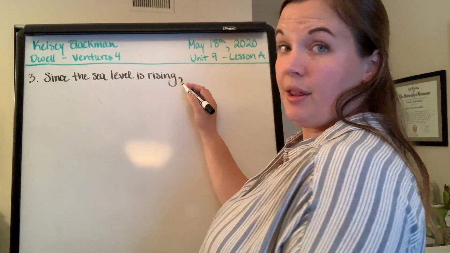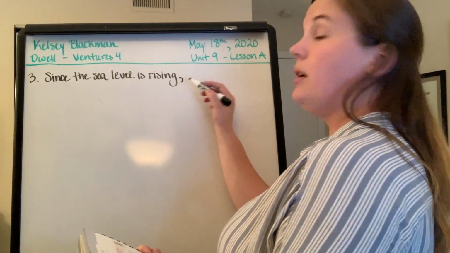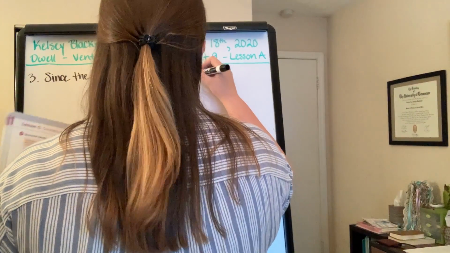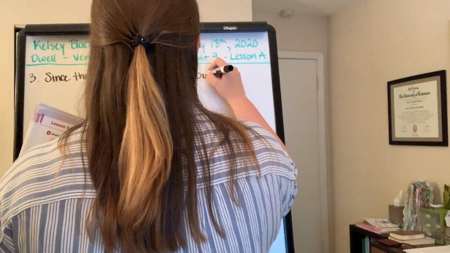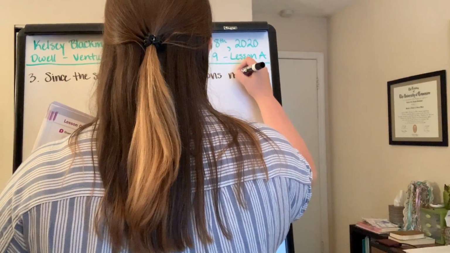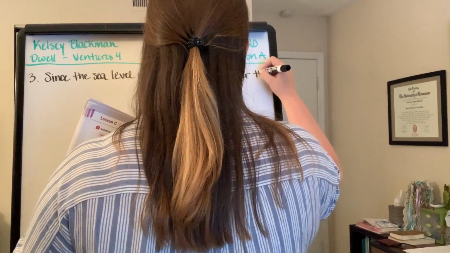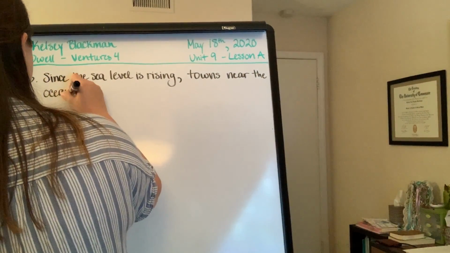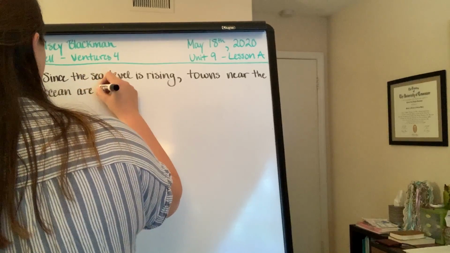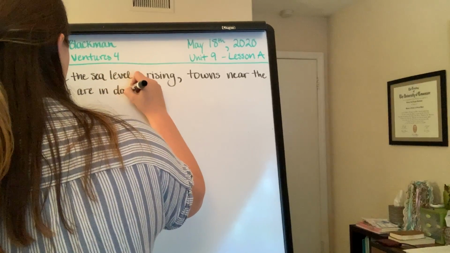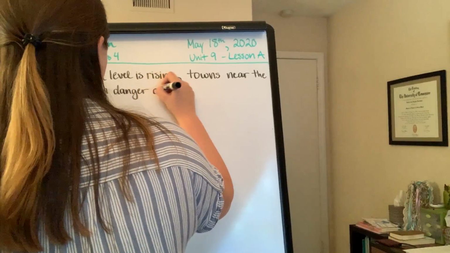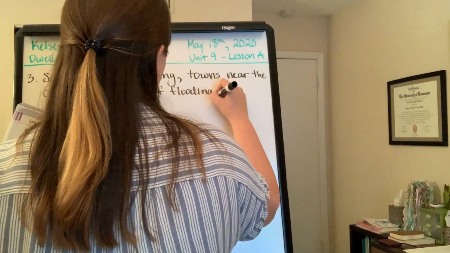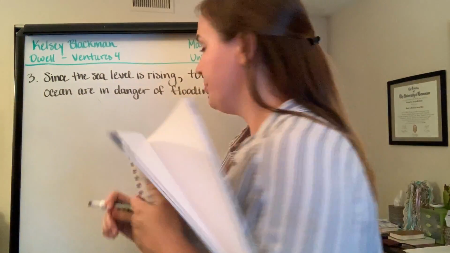I gotta put a comma there, since the sea level is rising, comma, towns near the ocean are in danger of flooding. Okay?